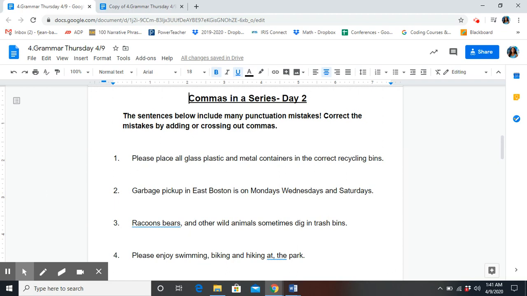Now, let's review a little bit about what we discussed in yesterday's grammar lesson. We went over rules that we apply when adding in commas in a series. Think about what were the two rules that you discussed.